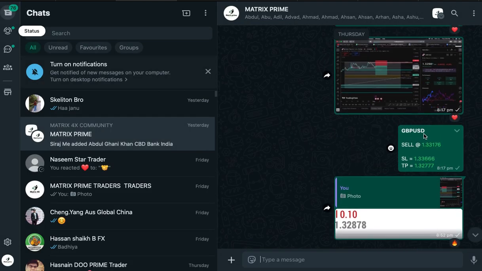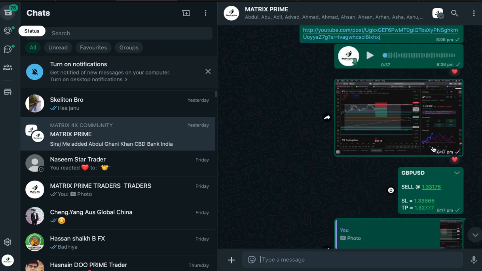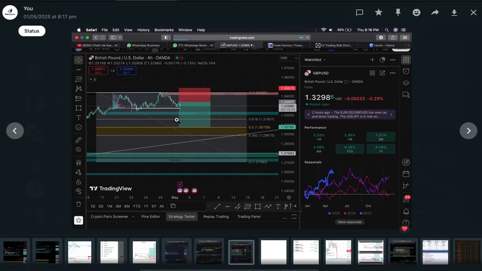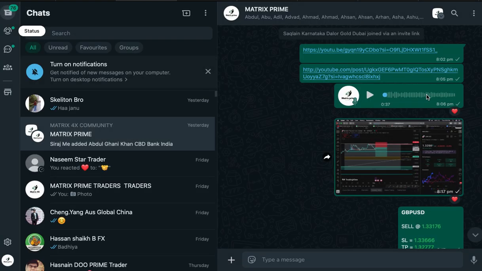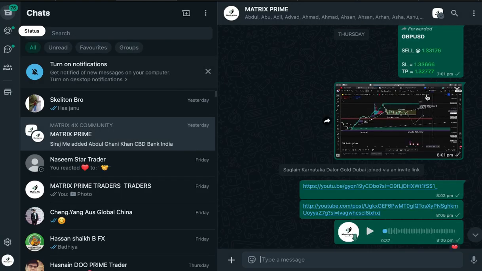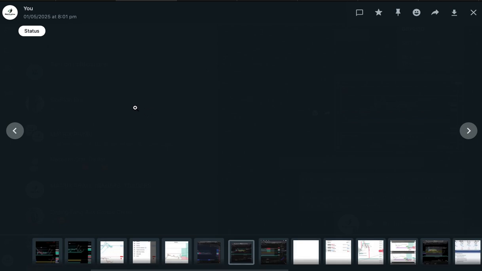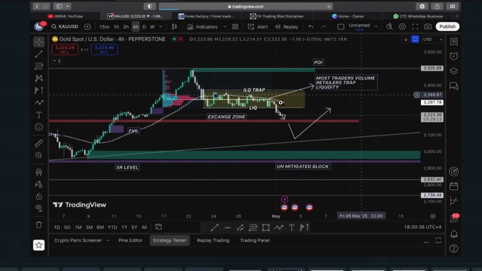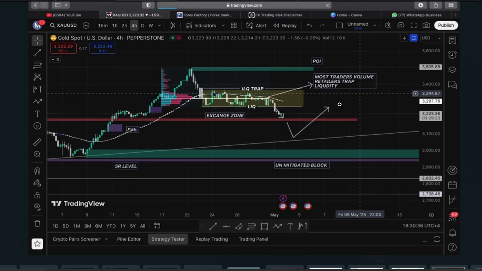As you can check, I have already updated my sell signal here, SL, TP, and selling point also. As you can check here, the GBP, which I have already activated the trade. This one is the previous gold data which I have updated, and I have already taken the sell.